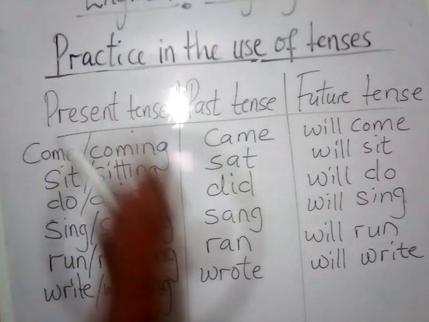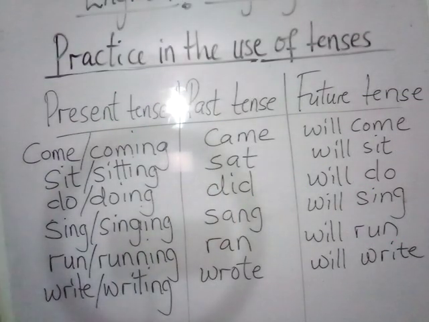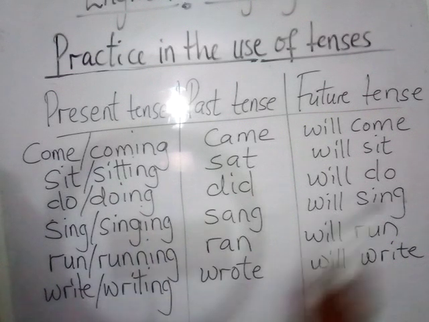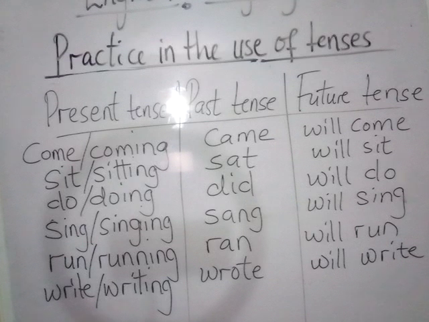Okay, these are just a few of the numerous examples that we have of verbs or words or tenses that help us to place action in different time frames. These are just something that will help to guide you.